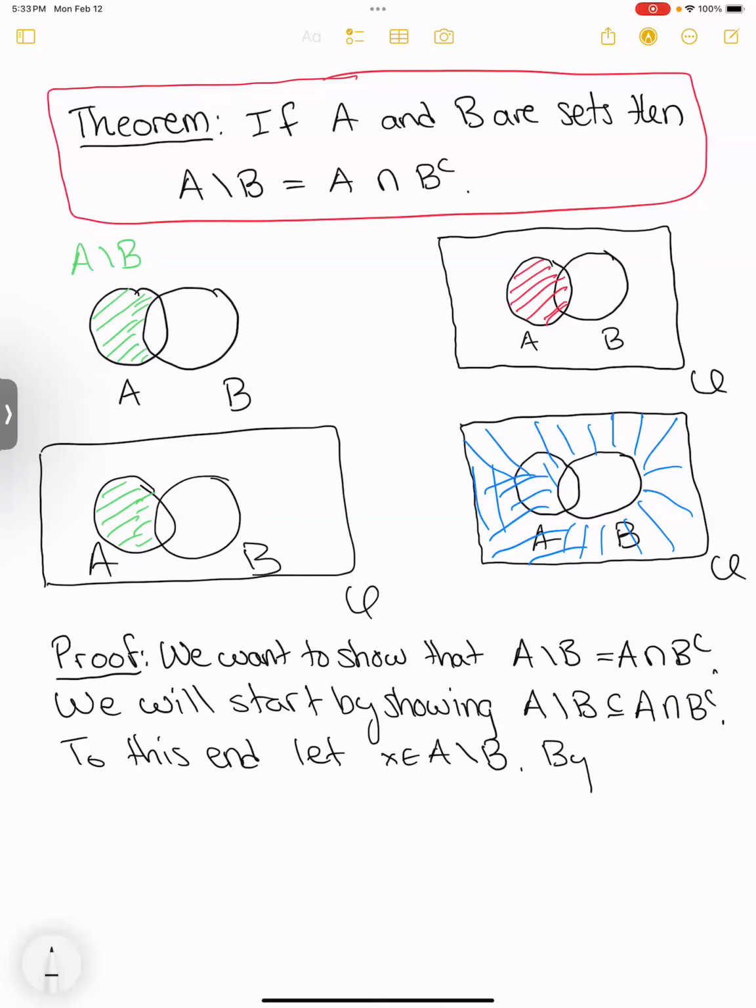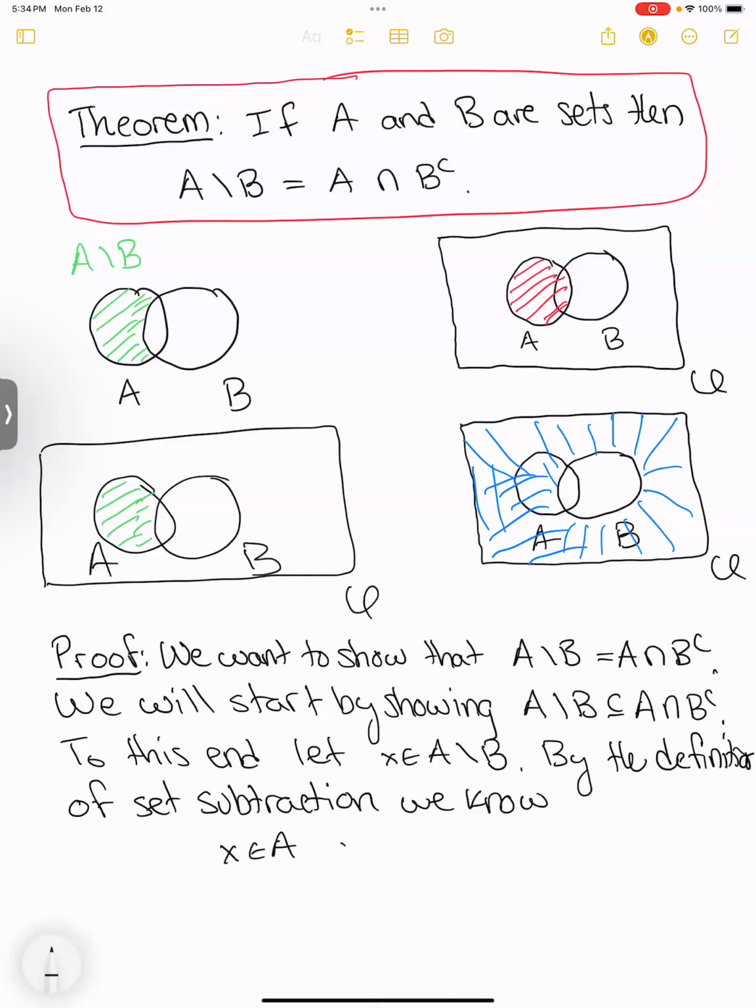So by the definition of set subtraction, we know that x is in A and x is not in B. That's how you define set subtraction, right?